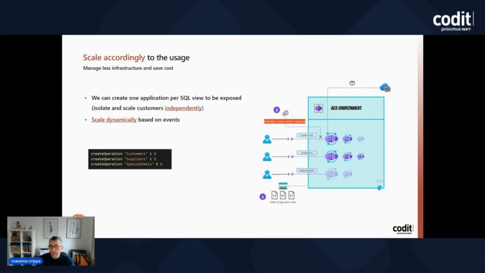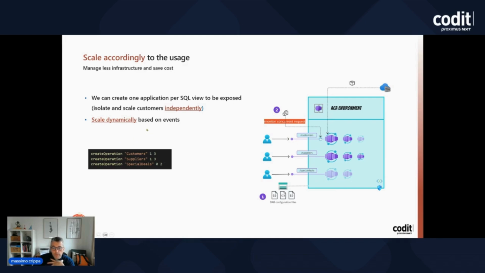In this case, as you can see at point 2, we can scale based on concurrent requests, so in this case, on HTTP requests. But with Azure Container Apps, by leveraging KEDA, you can scale by using the number of messages in queues and using other events.